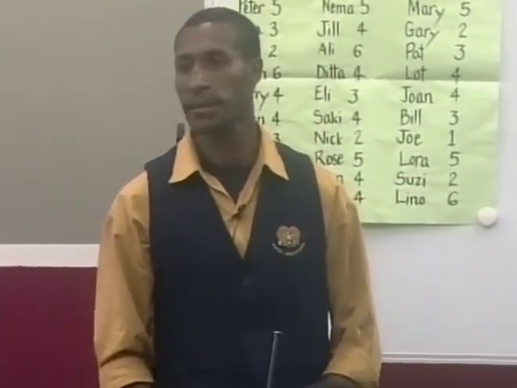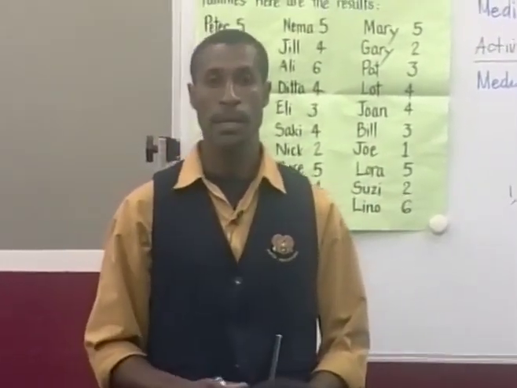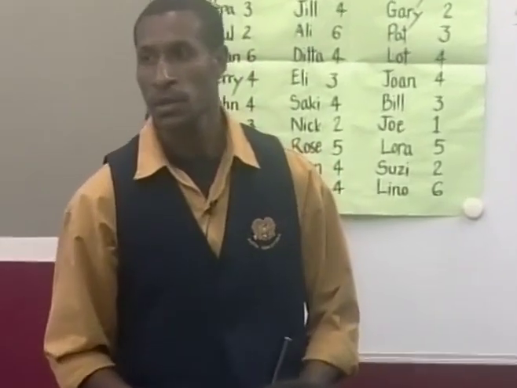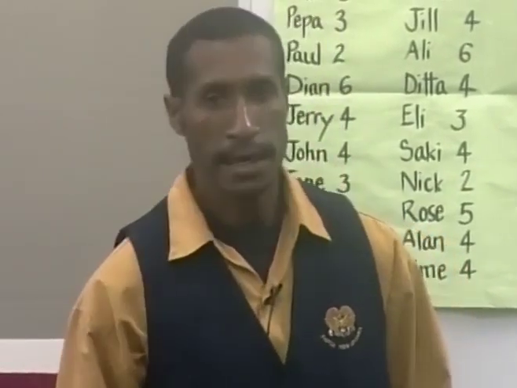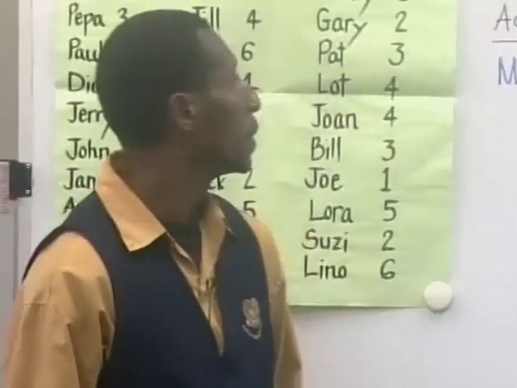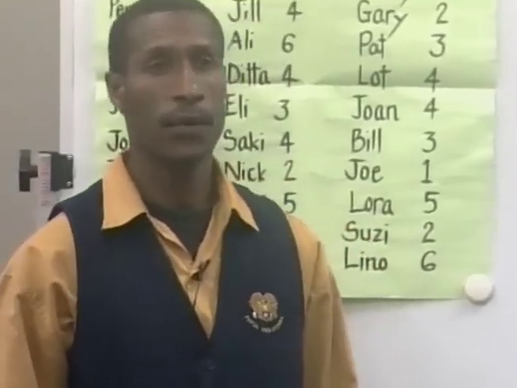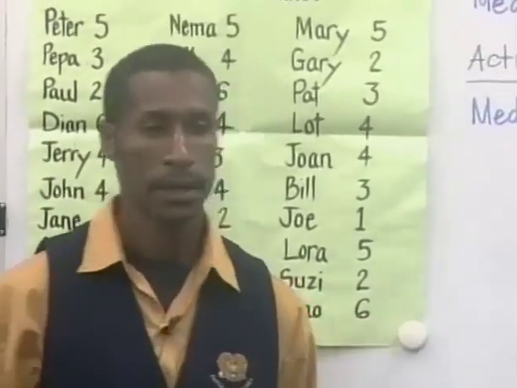Add the two scores, get the sum of it, and divide it by 2. Whatever answer that you get is the median. So that's what Simon has just explained. So the median is 4 for activity 1.